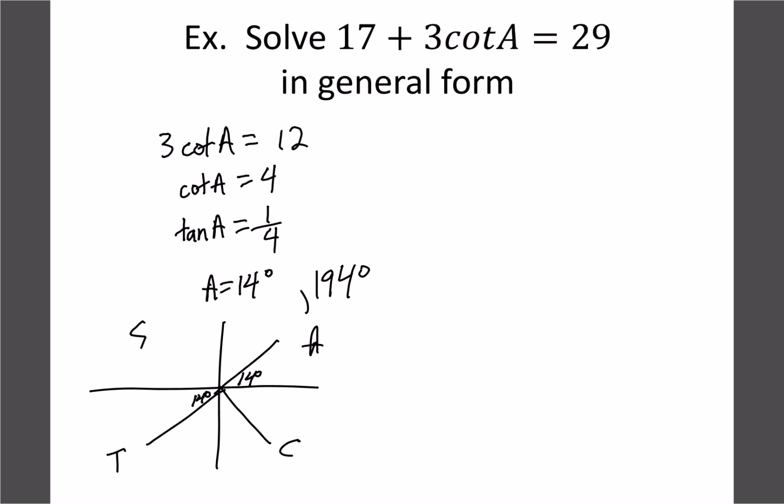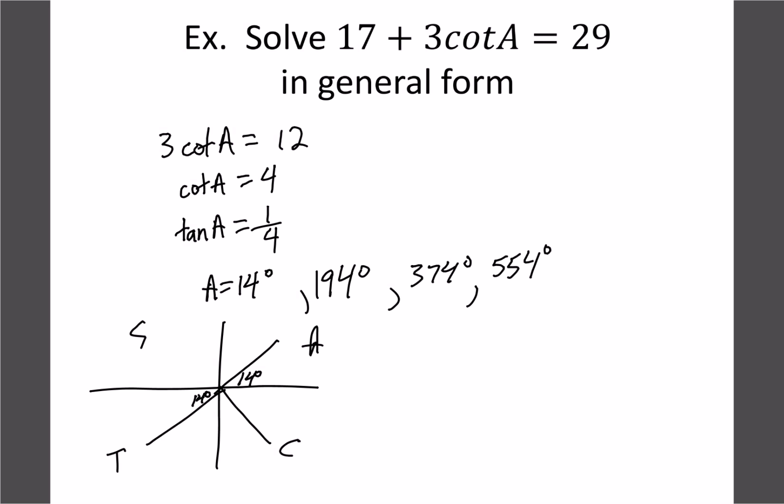Okay, so what we want to be careful of with these kind of questions is whether there is any kind of pattern. So we'd have 14, we'd go to 194, then we would go back around, we'd add on 360, and we would be back to 374. If we add 360 onto 194, we get 554, and we could keep on going by adding 360 each time.